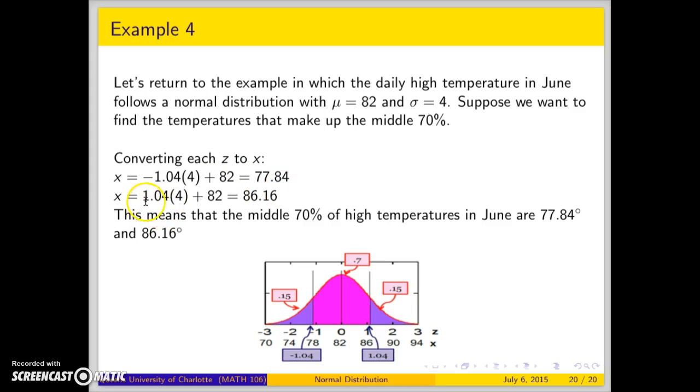And then we do that again for the positive: 1.04 times 4 plus 82, and we get 86.16. So what that means is that there would be a 70% chance in June that you would get a day that has a temperature between 77.84 degrees and 86.16 degrees.